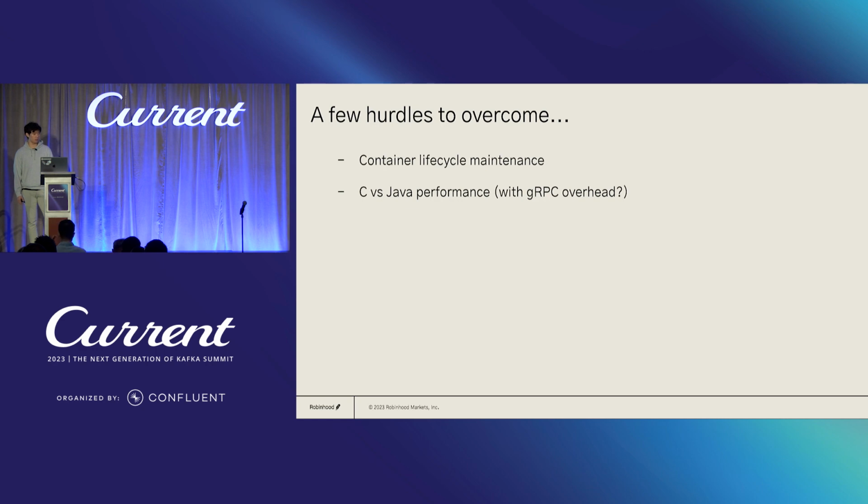But still, we weren't sure whether, if we were to utilize the Java sidecar and the Java Apache Kafka client with the gRPC overhead, with the messages being relayed back to the application container over gRPC, we could actually meet the needs of the most performance-sensitive systems that we had. And so this was something that we wanted to really, really test, and fail fast if this wasn't something that was feasible.